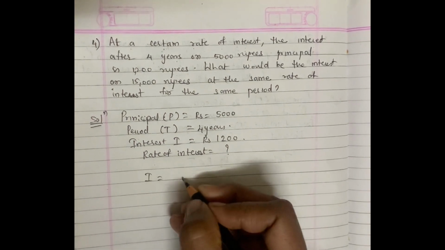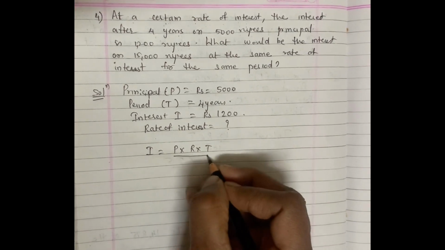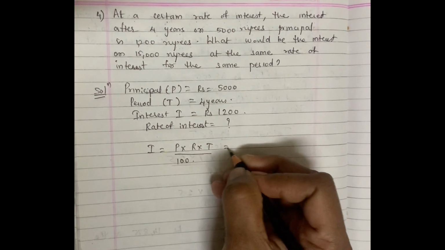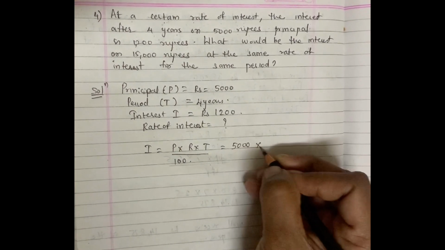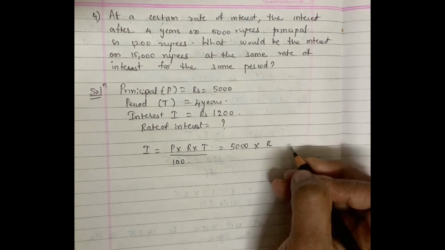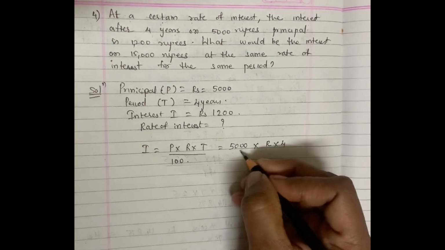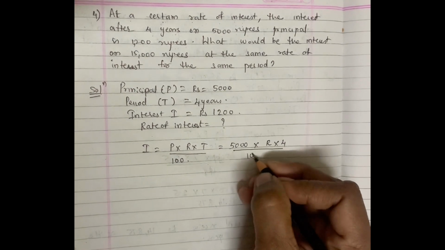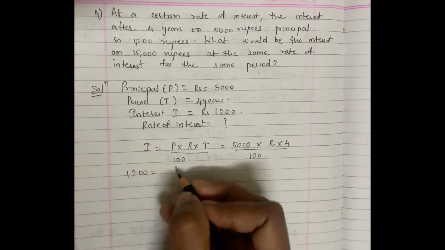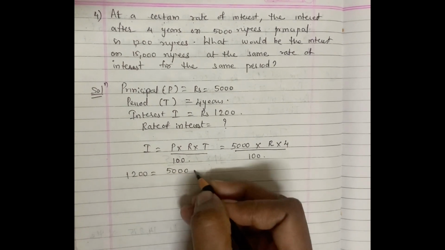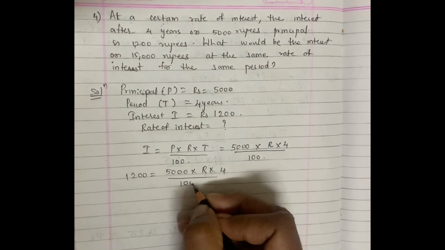I, that is interest equal to P into R into T upon 100. What is principal? 5,000. Rate is how much? We don't know. R we don't know. What is the time? That is period 4 upon 100. So interest we know, that is 1,200. Principal is 5,000. R T is 4 upon 100.